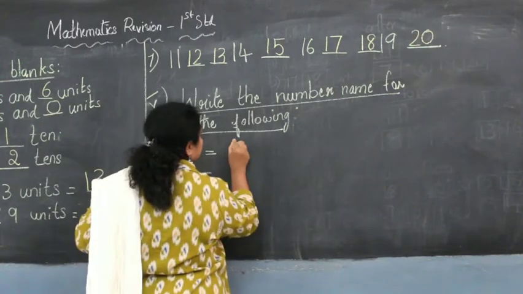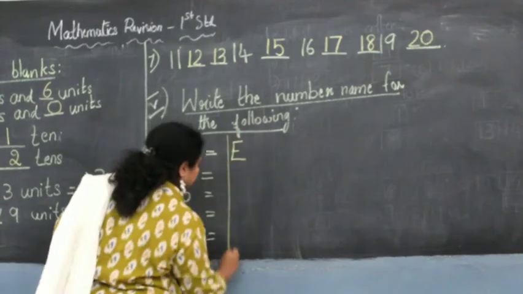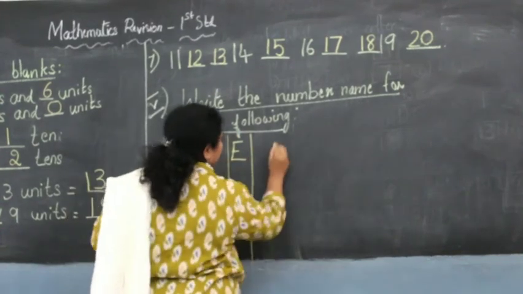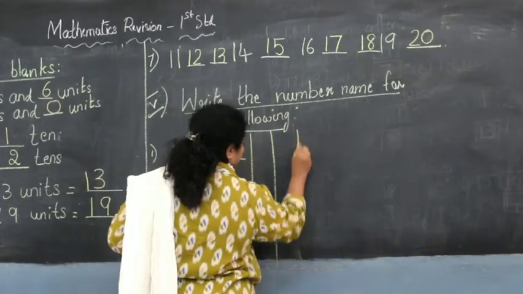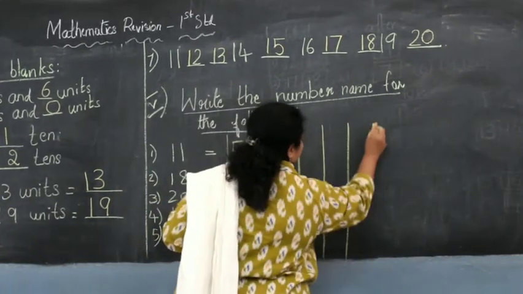You have boxes in your notebook. I'll write the way you are supposed to write. You have square boxes like this, right? This is how your notebook is.